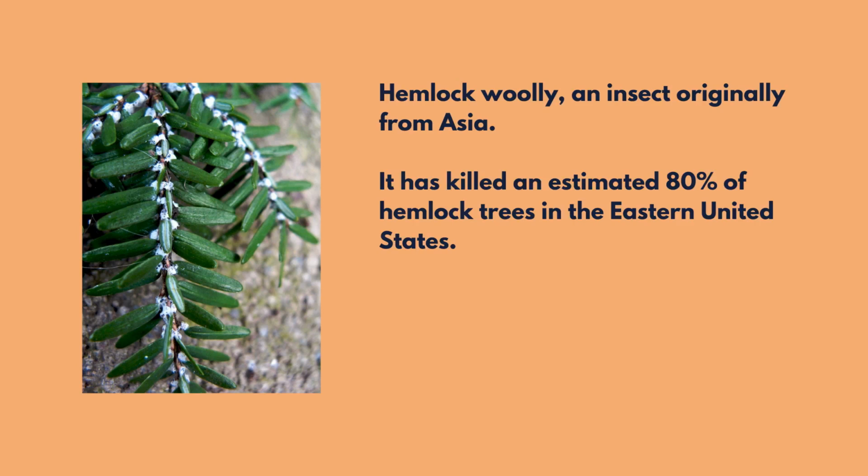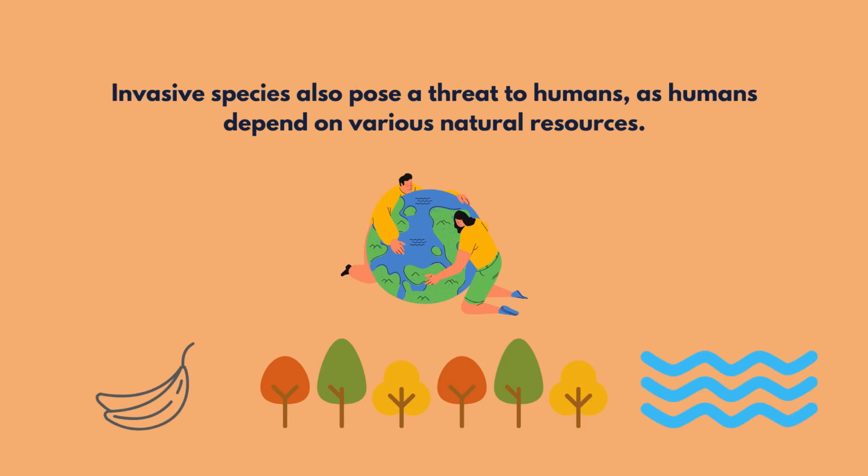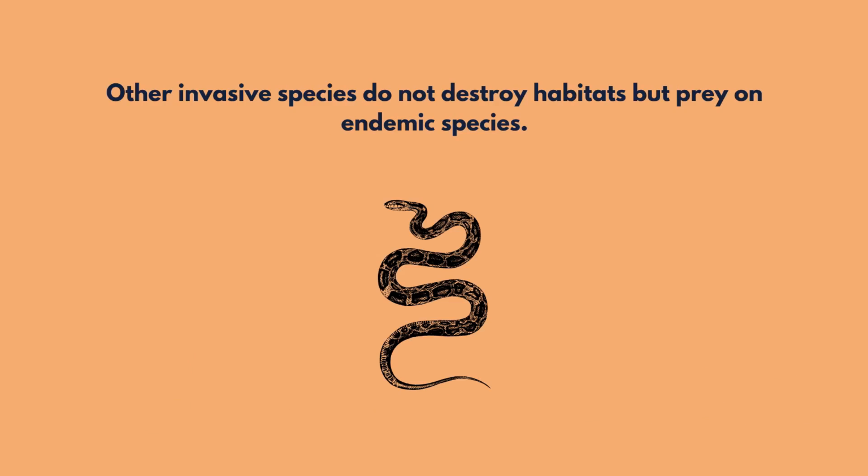The hemlock woolly adelgid has killed an estimated 80% of hemlock trees in the eastern United States. This shows how invasive species threaten to deplete natural resources. Because of this, those invasive species also pose a threat to humans, as humans depend on various natural resources and will face challenges if they are exhausted.